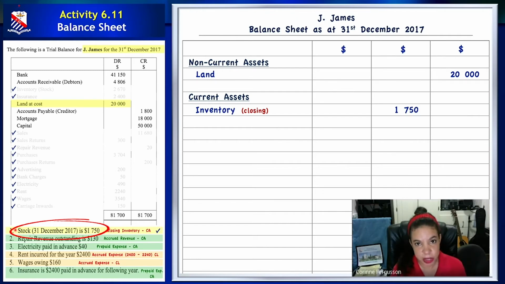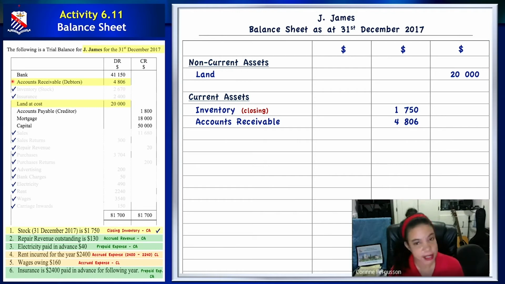So that you put, and that's it. You move on to the next one in order. Accounts receivable, also known as debtors. So you look into your trial balance and you will find your accounts receivable there. You just plug in a figure right underneath your inventory, 4,806. That's it.